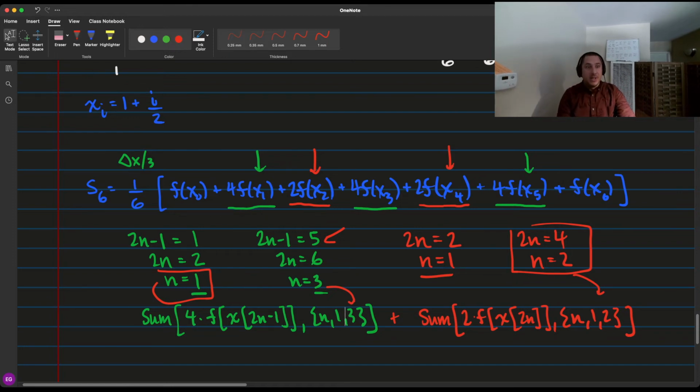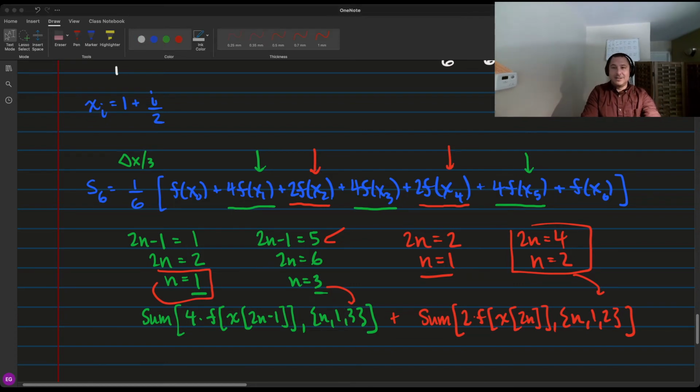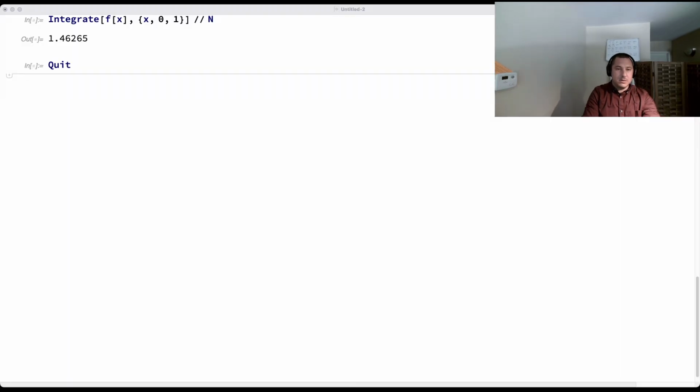So let's go and actually plug this in. Holy crap. It's a lot. So I'm going to change over to Wolfram. Okay, so what was our f of x that we're actually estimating? I think it was the square root of 1 plus x squared, right?